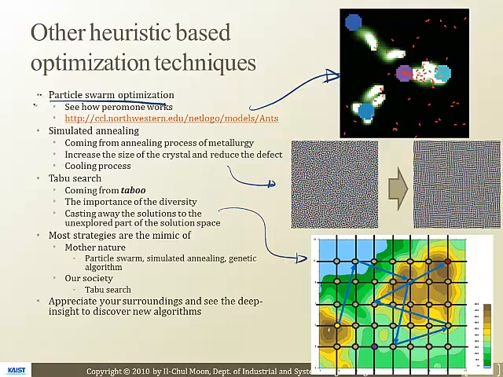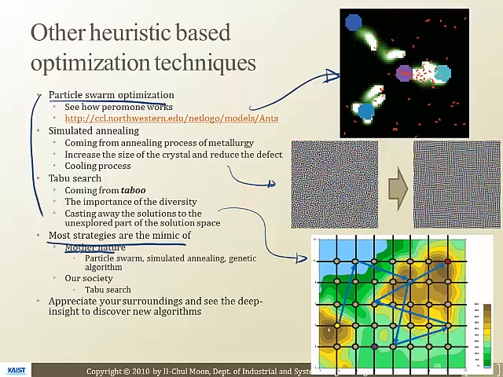I don't want to cover these things, but I'd like to say this in this slide set. Most strategies are imitations of Mother Nature. Particle swarm, simulated annealing, genetic algorithm, these are imitations of our Mother Nature. Also our society, for example, tabu search.